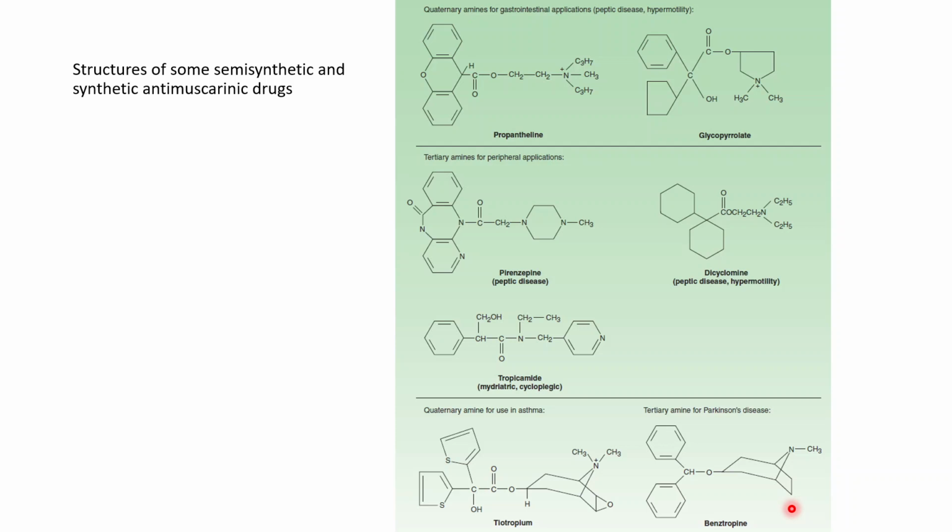The elimination is by the kidneys, and half of the atropine is eliminated unchanged, and another part is hydrolyzed and goes through conjugation, and that is why the effect declines rapidly.